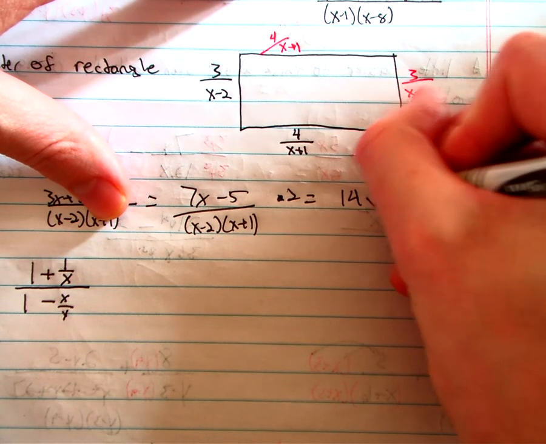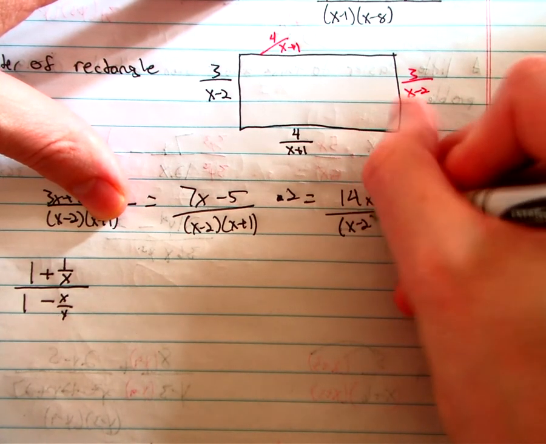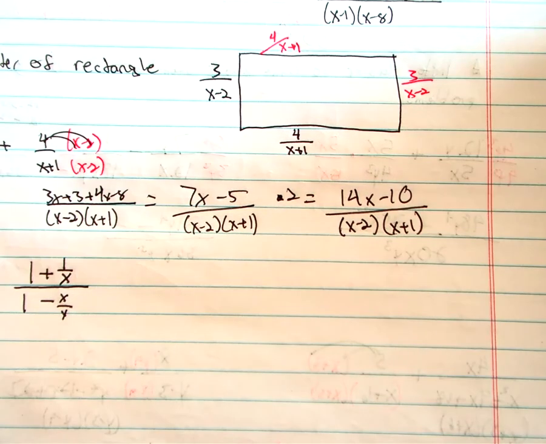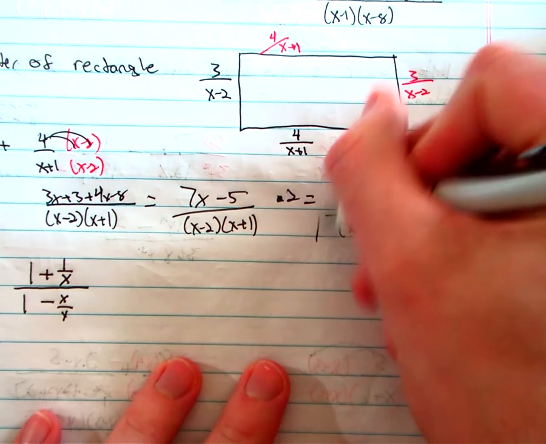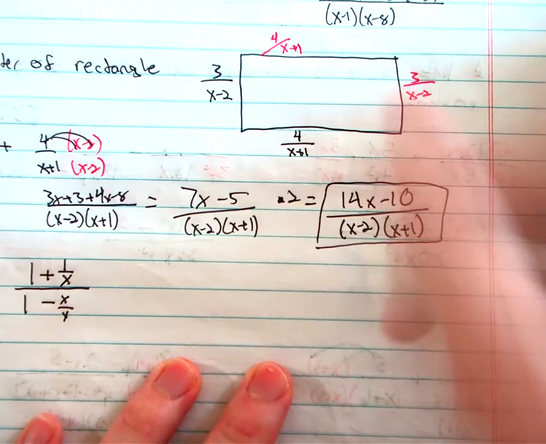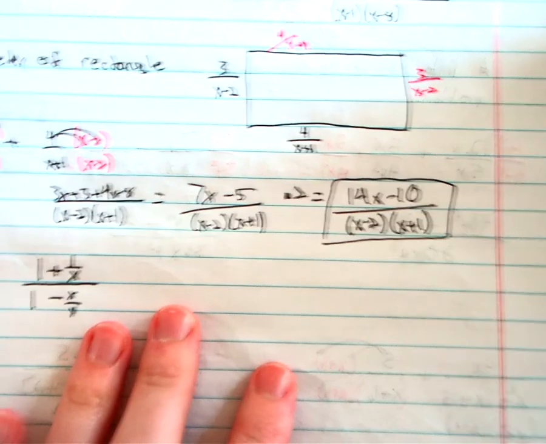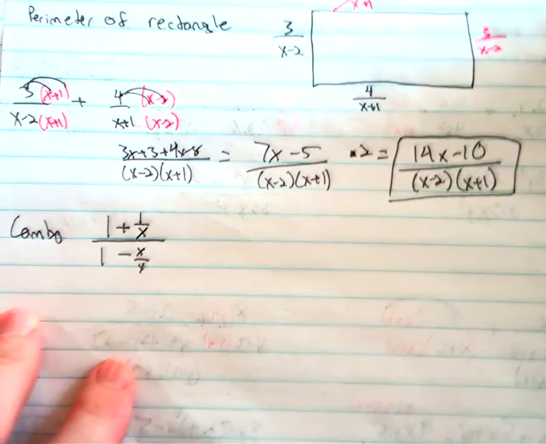So that's going to be 14x minus 10. Alright, and there it is. Inches, yards, feet, whatever they tell you in there. Classic problem, though. They love to tie in geometry back into this algebra whenever they can.